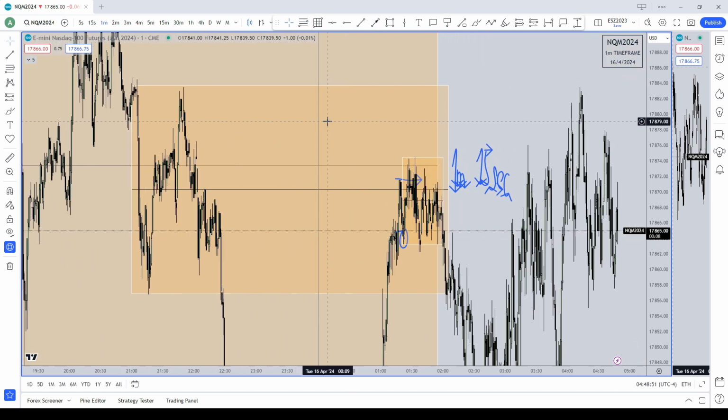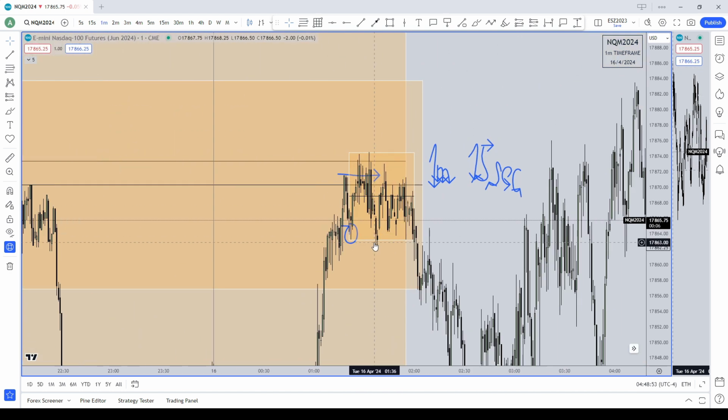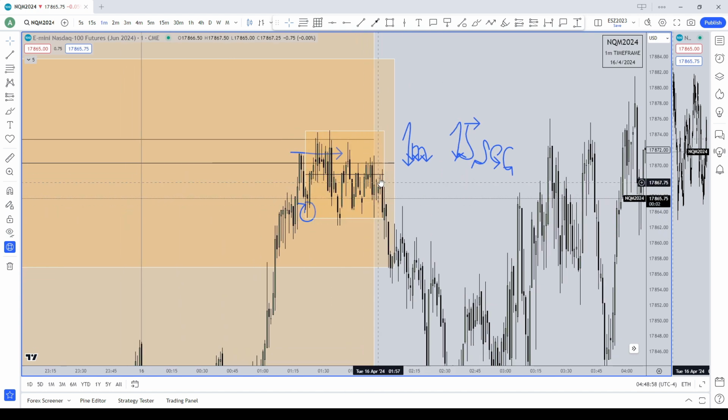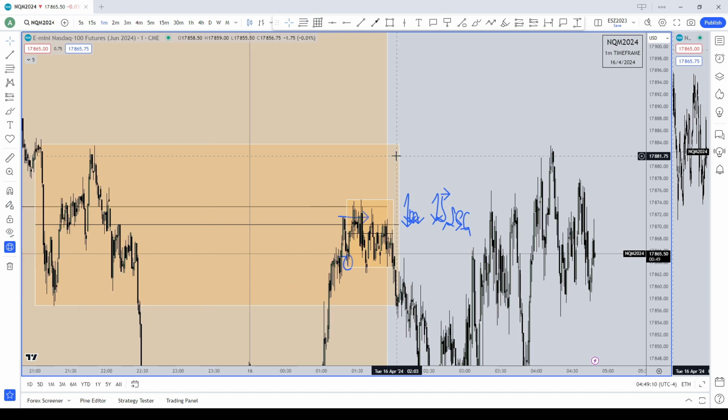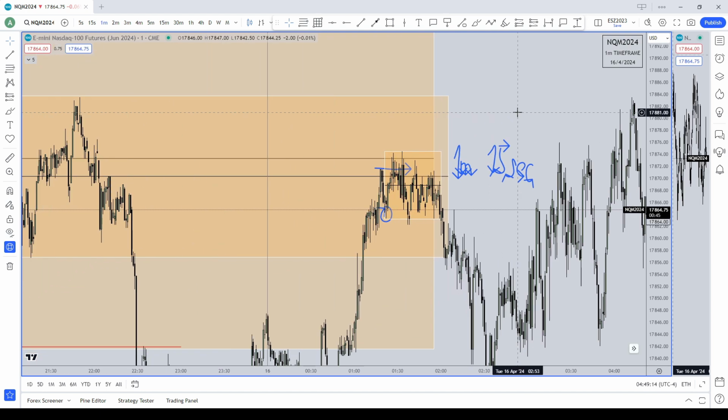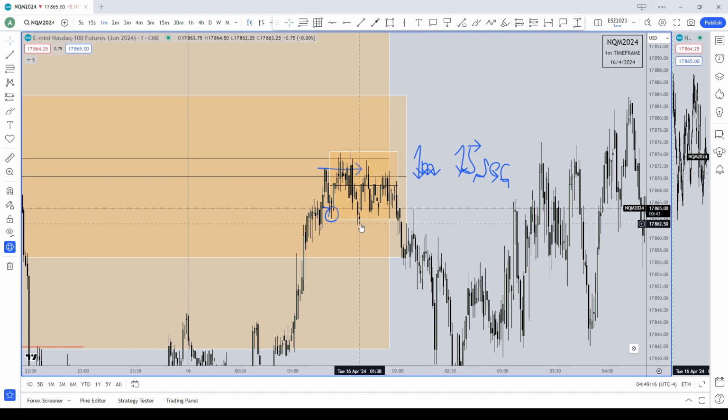If we don't have a close below, that's not valid. Look at that. And I will recommend you to wait for the low closure below.